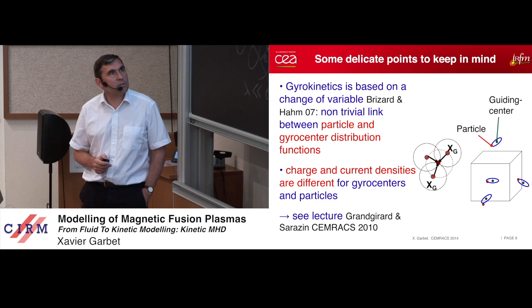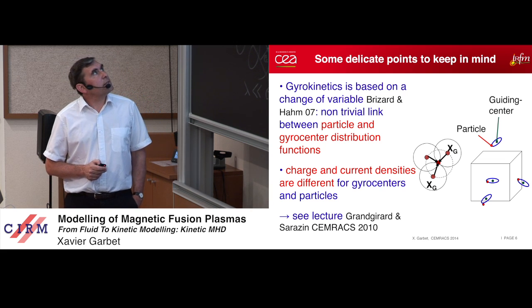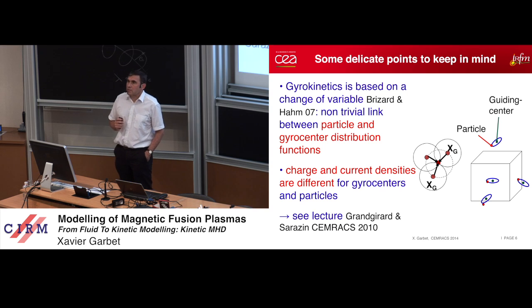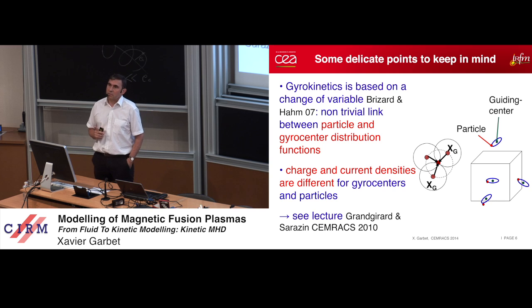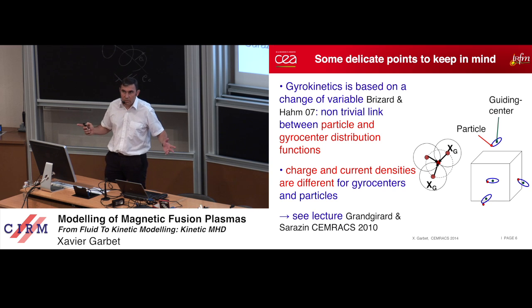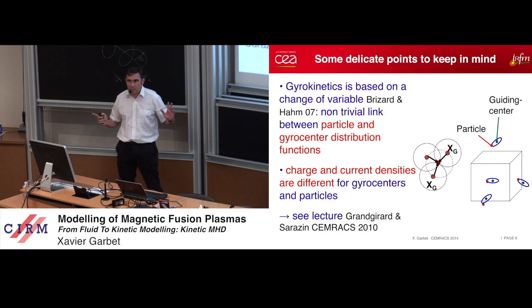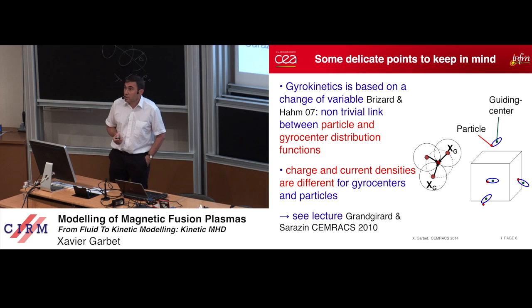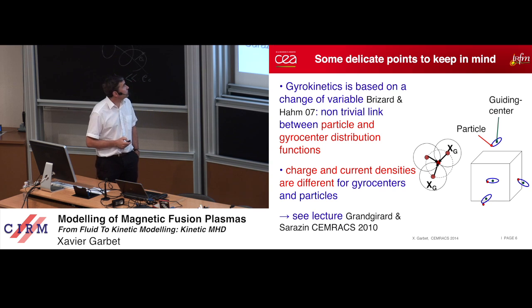That's going to be important, the following. One is that the distribution of particles, the actual particles, is not the same as the distribution of gyrocenters, right? It seems trivial, but they differ, in particular via a polarization term, which is very important.